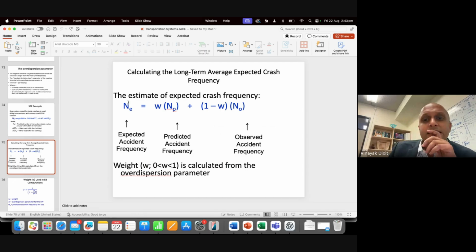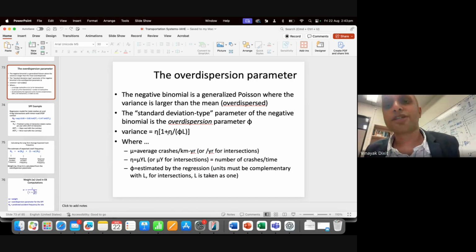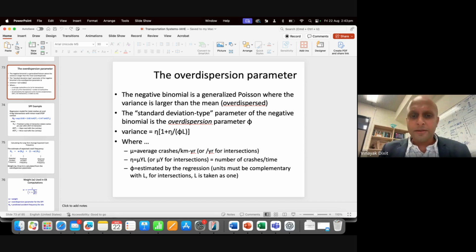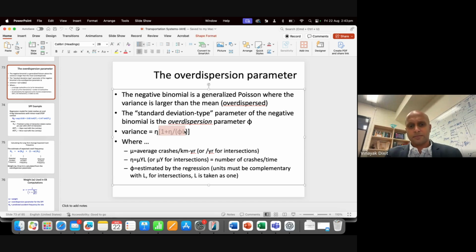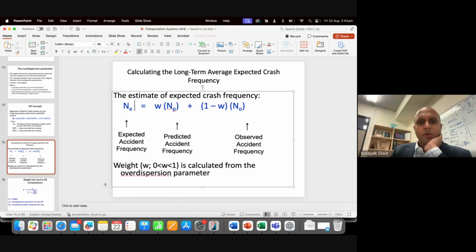The second thing is recognizing that there is over dispersion. You have something called over dispersion because you have a negative binomial distribution. The crashes are over dispersed, and it's based on this formula. The expected number of accident frequency is equal to the observed plus the predicted, each with a weight.